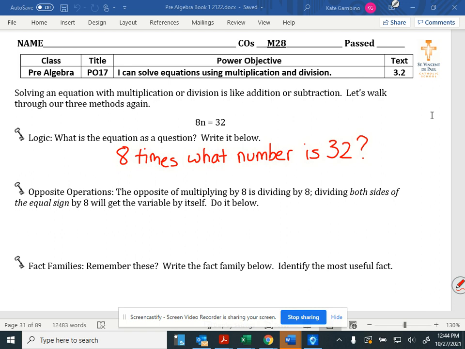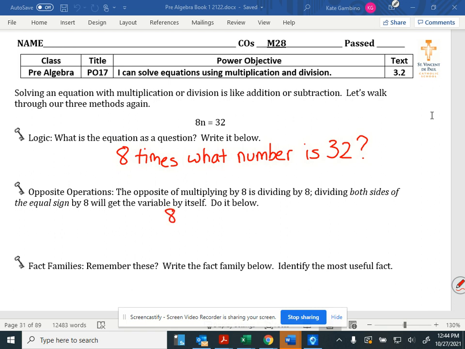Then we have our opposite operations. The opposite of multiplying by 8 is dividing by 8. Dividing both sides of the equal sign by 8 will get the variable by itself. Yesterday we were adding or subtracting to get the variable by itself. Now we're multiplying or dividing. You do the opposite.